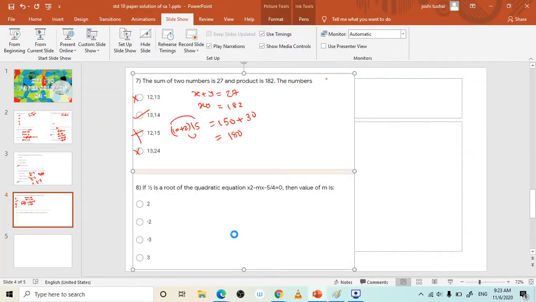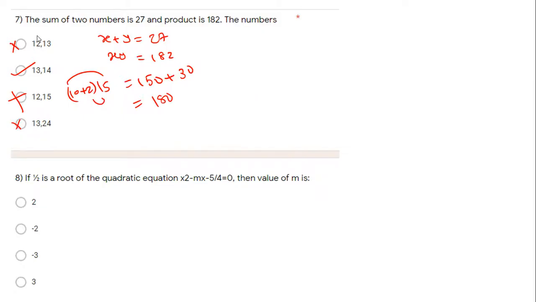Now, eighth question. 1 by 2 is a root of the quadratic equation x square minus mx minus 5 by 4 equal to 0. Then you have to find the value of m.